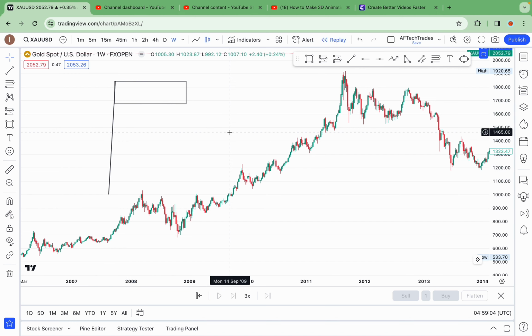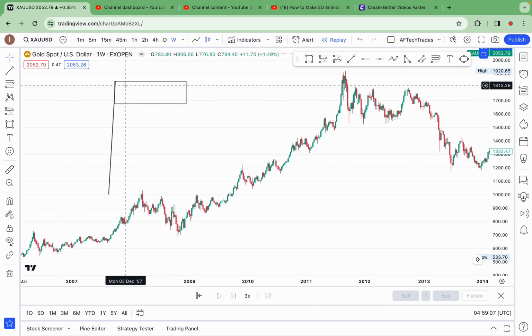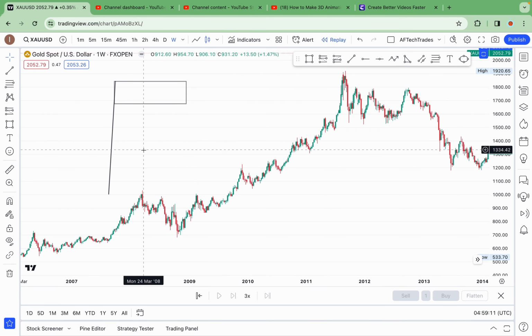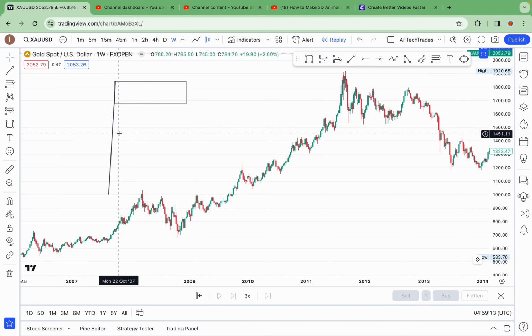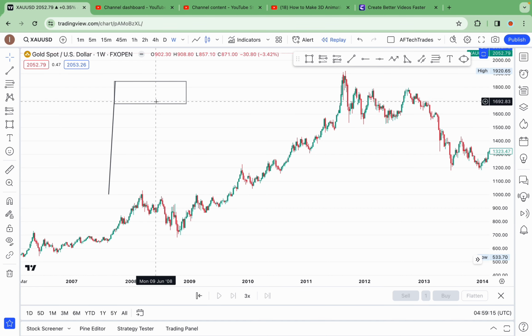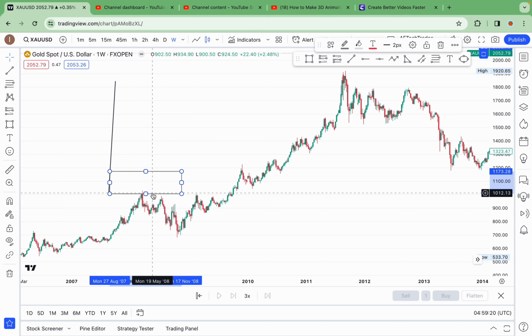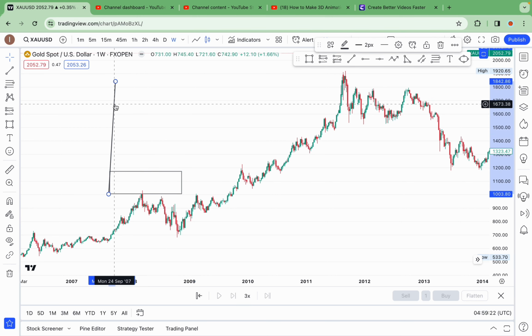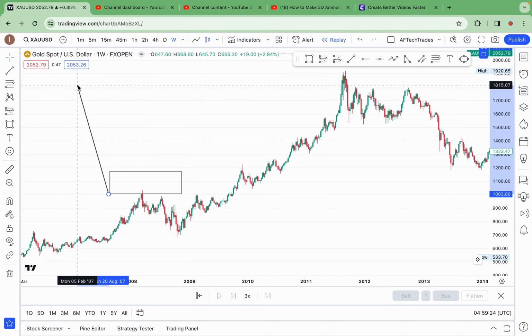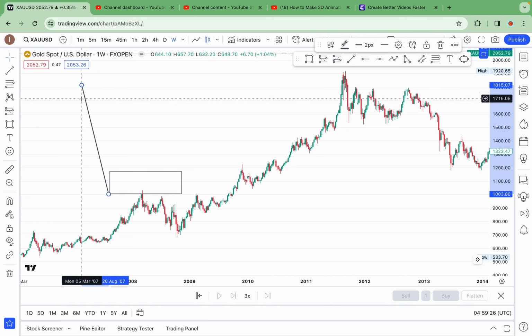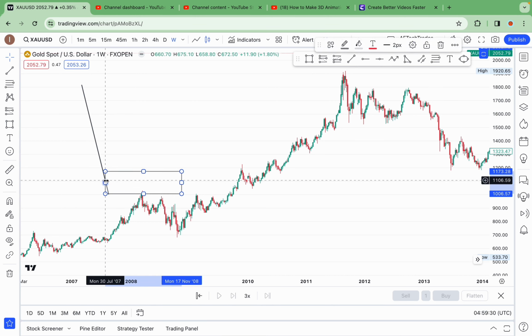So this is a flag, right? Because you have the stick, you have the flag. This is in an upward trend. If it's in a downward trend, you could have something like this, where you have the market trending down, and then you have a flag down here.